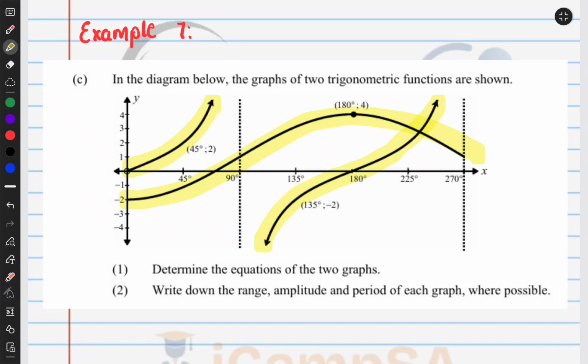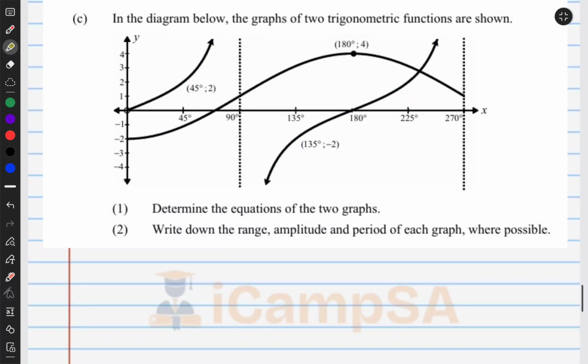We can see that it is a cosine graph. We have to determine the equations now. So we're going to do the same thing we've just done from the previous two examples, since we do have coordinates for these graphs.